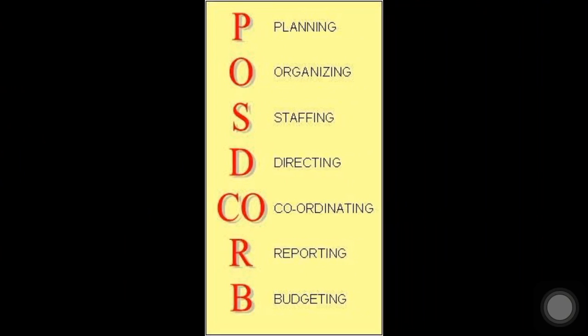R means reporting. Reporting by the officials to the senior officers on the functions of various departments. And B stands for budgeting, that means managing the financial planning, expenses and income, calculation and auditing.